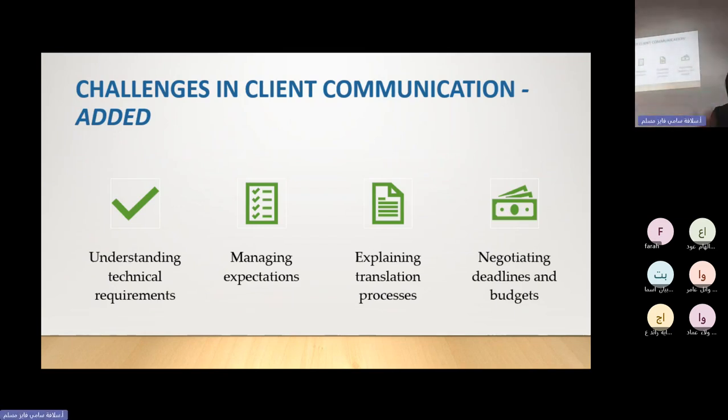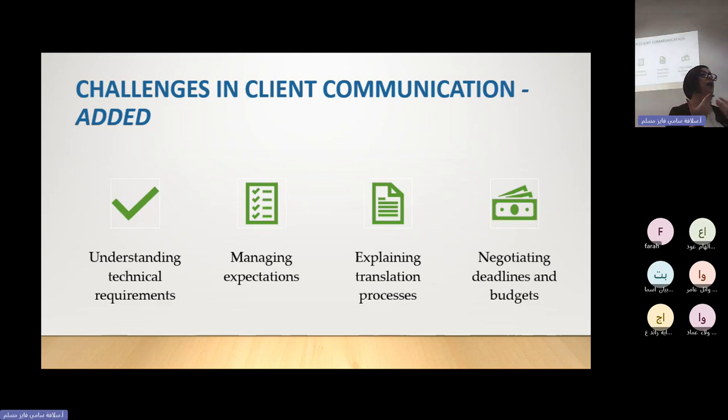Right. What are the challenges in client communication? This is added. Do you see the word added? This is added by me just so you know this information. What does it mean? Because I said that the translator could be independent, or could work for someone. If he or she is independent, they need to communicate with the client.